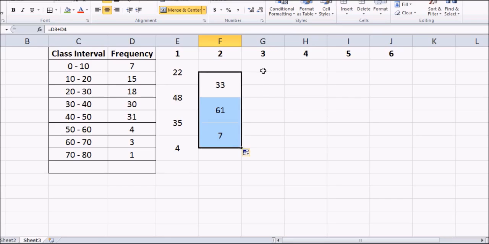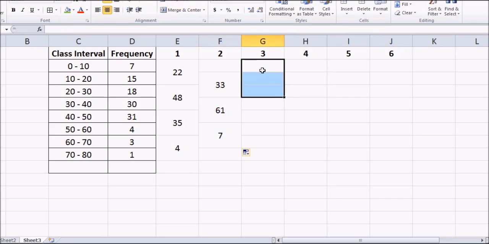Then we will take 3 at a time from the top. Again 3, drop it down to the next level. We can't drop it further because we're just left with 2.